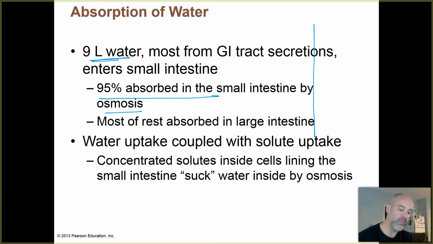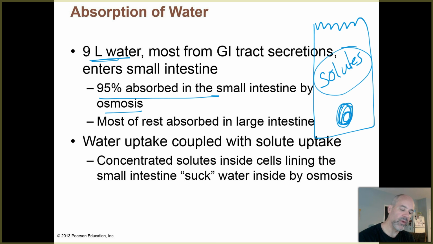So if you think about an individual cell lining the lumen of the small intestine, you've got lots of solutes in here, very high solute concentration, because all these nutrients are being pumped inside those cells. So water follows solutes, right? Remember, water is attracted to solutes. Water follows salt.